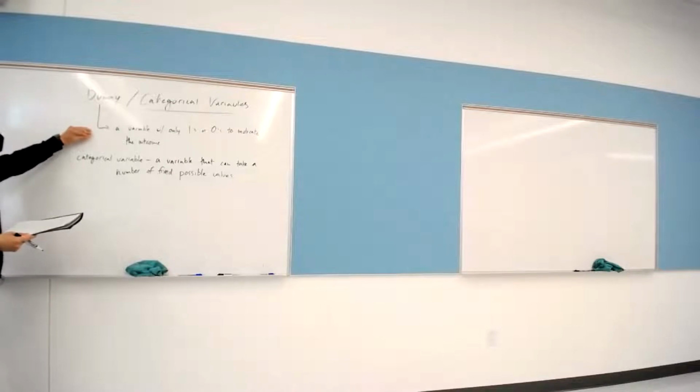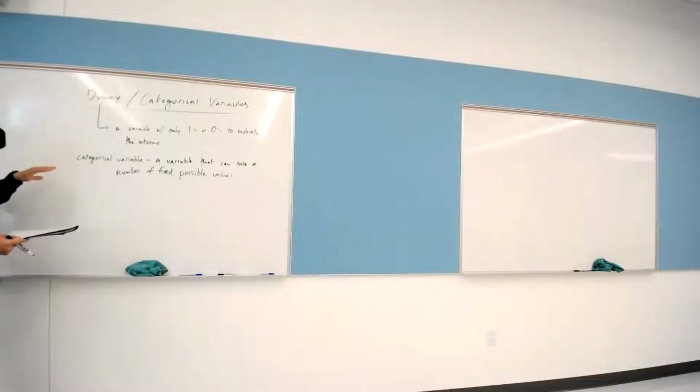So the idea is that, similar to the dummy variable, it's a discrete set of values, but you can have more than two.